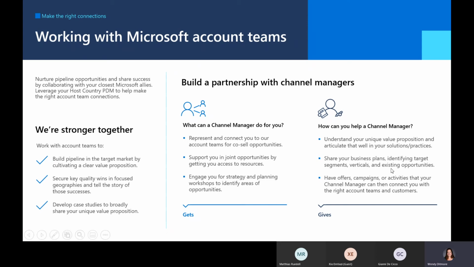It's also really important and intriguing for a channel manager to understand if you have key offers or campaigns or other events and activities that the channel manager can use to help leverage and drive visibility of your solution to those account teams. So I think it's really important that we highlight that. This information, again, is all in your activation playbook, and I just want to highlight that this is a best practice to engage with those channel managers.